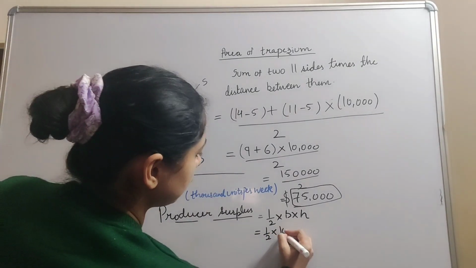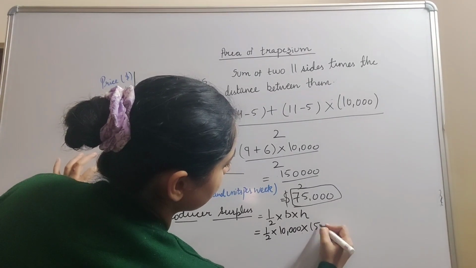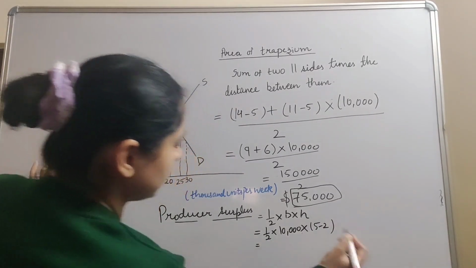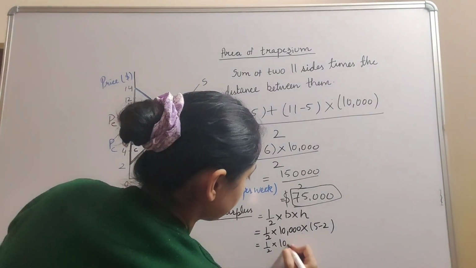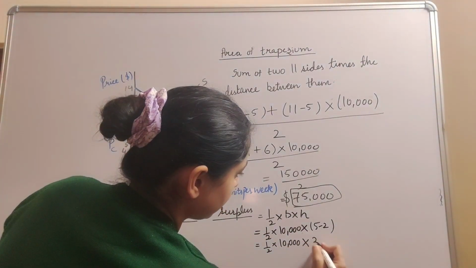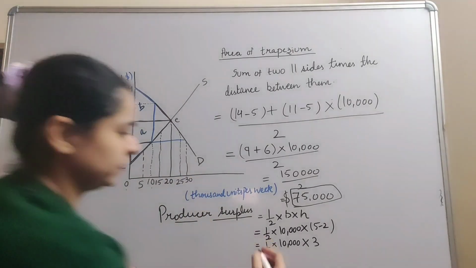So 10,000 times height, that is 5 minus 2. So as we can see, the value of producer surplus in this case is only $15,000.